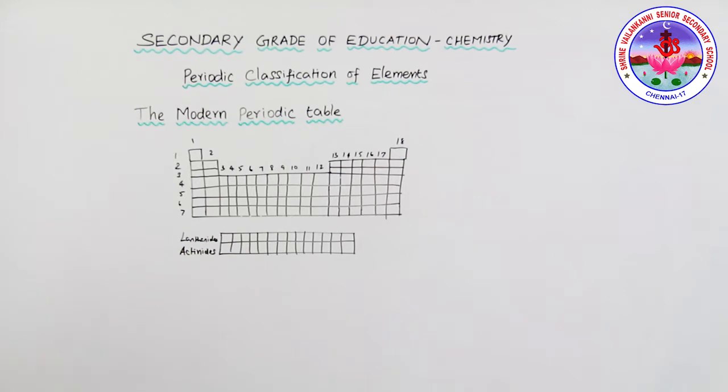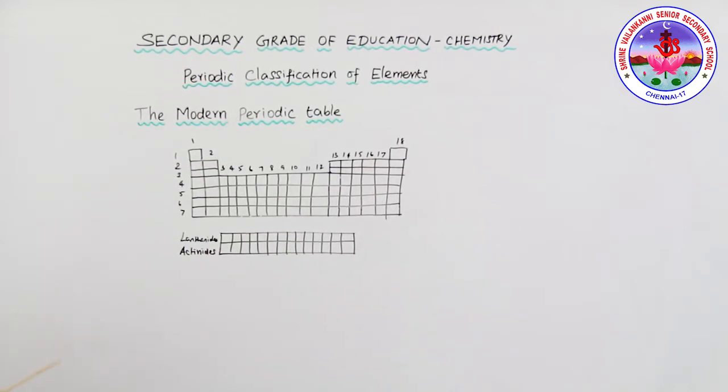See the modern periodic table. Henry Moseley showed that the atomic number of an element is a more fundamental property than its atomic mass. Accordingly, Mendeleev's periodic law was modified and atomic number was adopted as the basis of the modern periodic table.